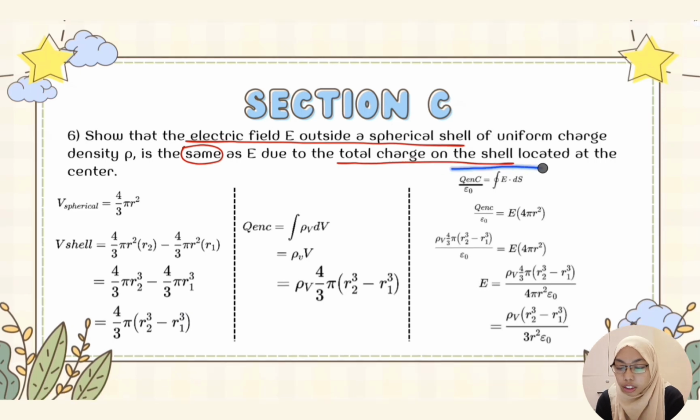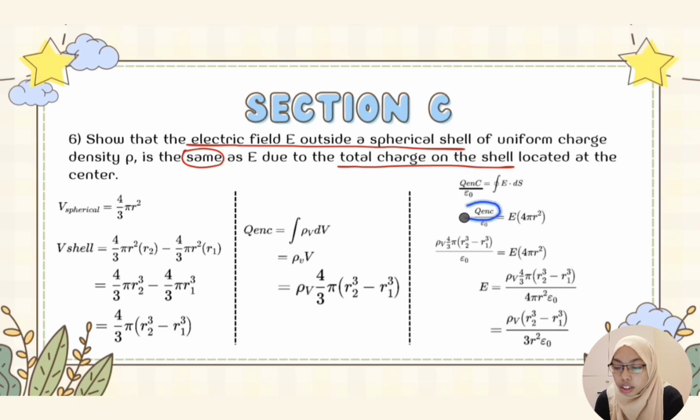Back to the first equation, which is Q enclosed over epsilon naught equal to integration of E ds. Knowing that the value of Q enclosed is this one, and E we have from before, we can get rho v 4 over 3 pi r2 cubed minus r1 cubed over epsilon naught equal to E 4 pi r squared.